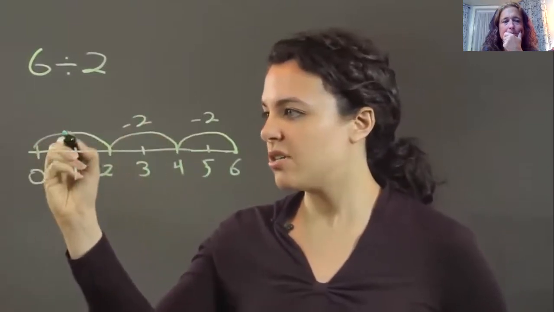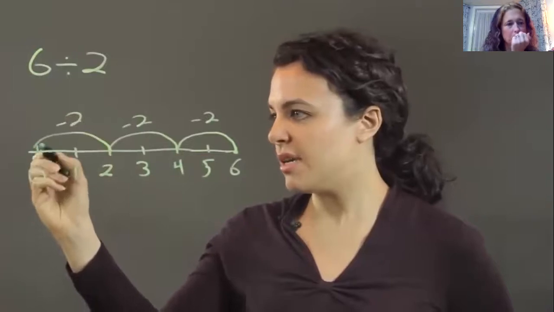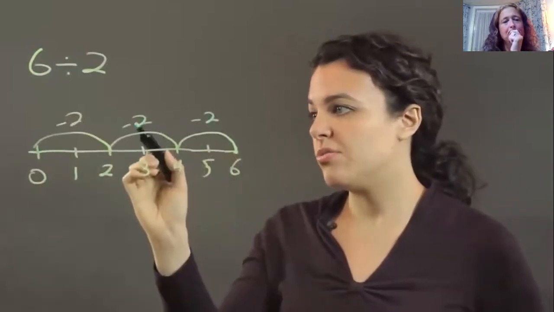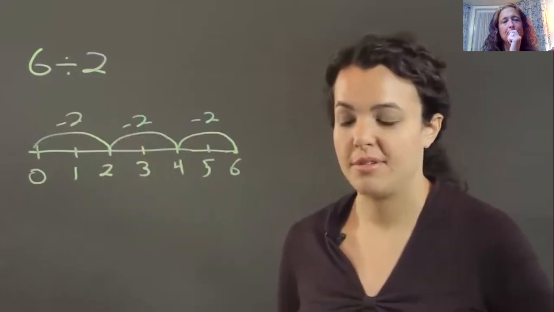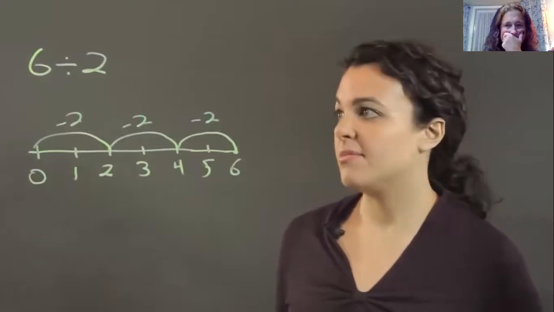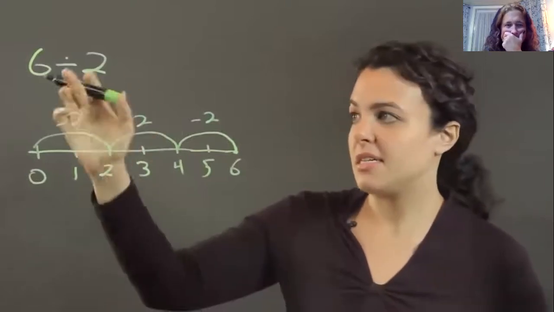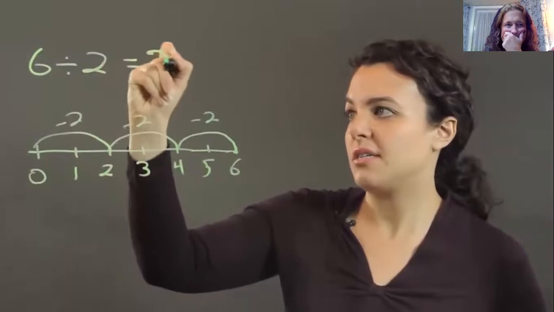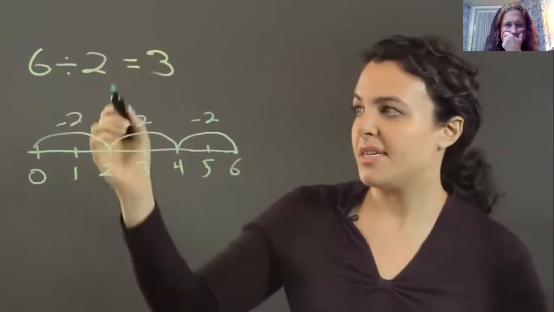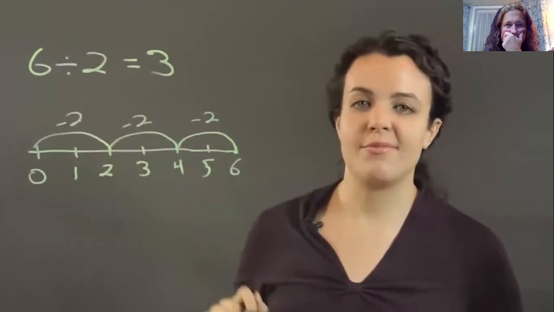And we subtract 2 again, and we hit 0. So we subtracted 2 3 times. So 6, and you take away 2 3 times, is the same as 6 divided by 2, giving us 3. Because think about it, division is asking you, how many times does this number fit into that one?